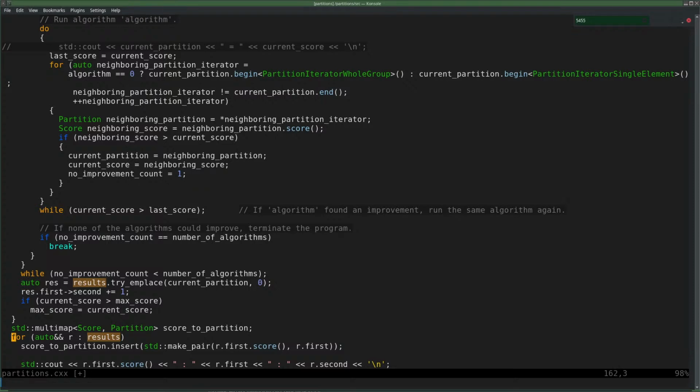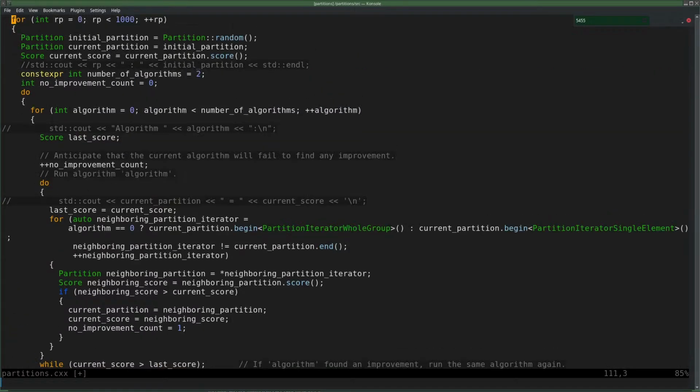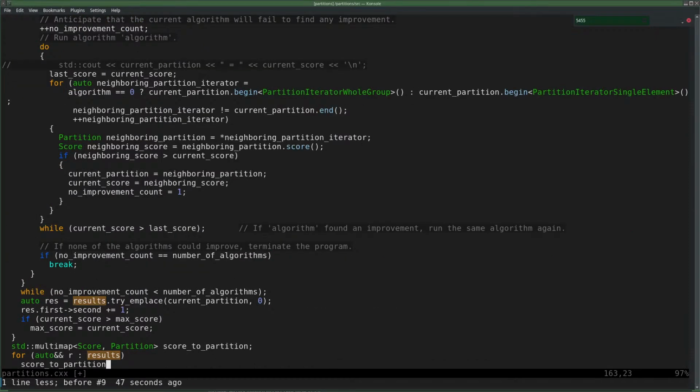Yeah, I don't think I want to store the partition here. I want to store an iterator to the previous map.